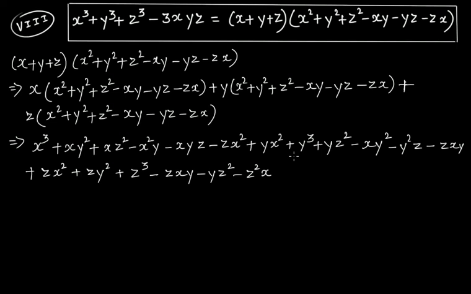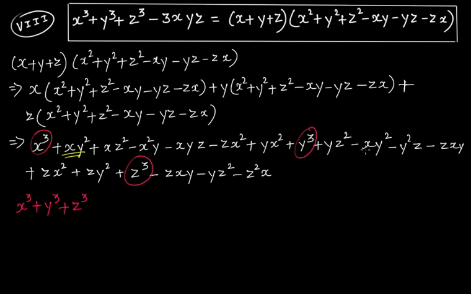Okay, now take this x cubed, y cubed and z cubed. Write it here, x cubed plus y cubed plus z cubed, right? Next you have this xy squared, and then you have minus xy squared.